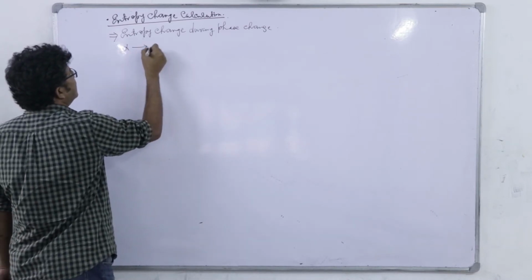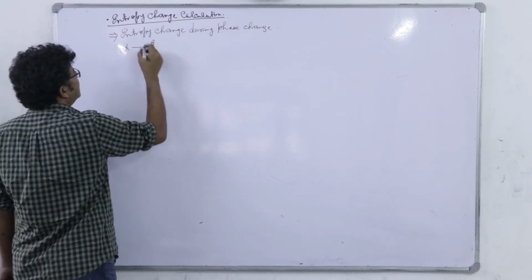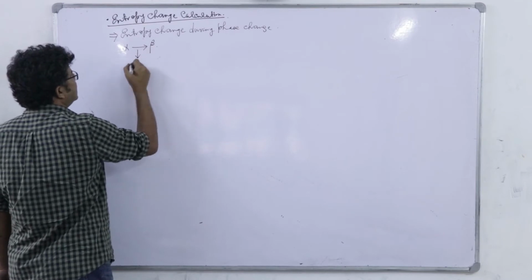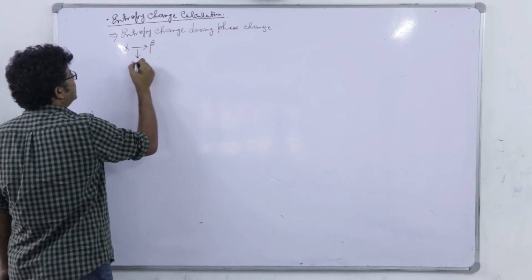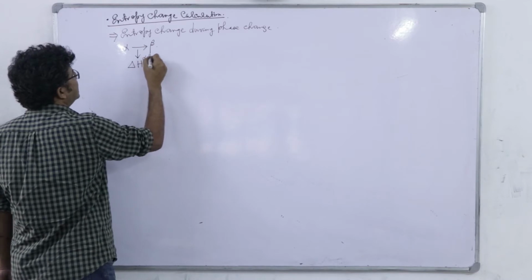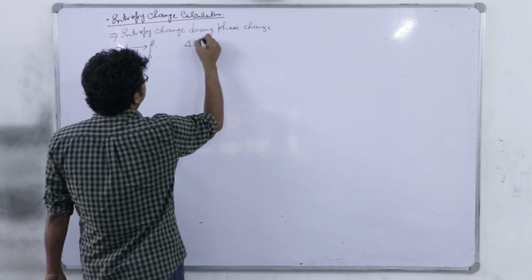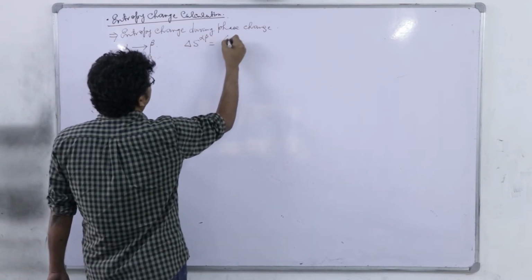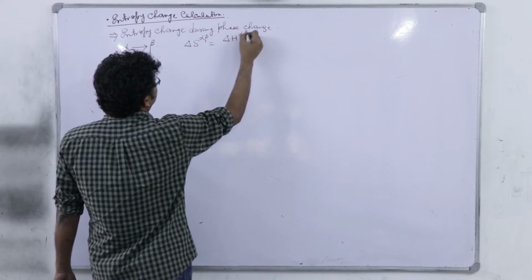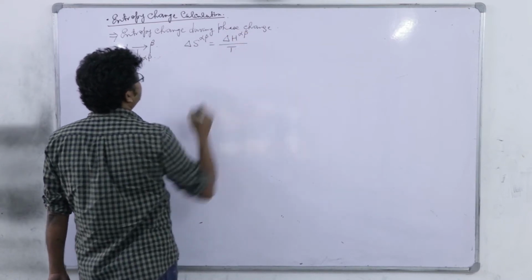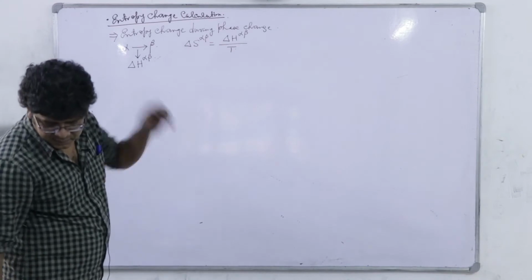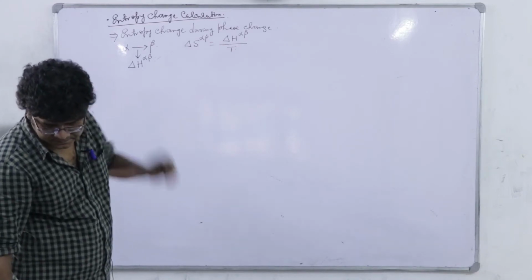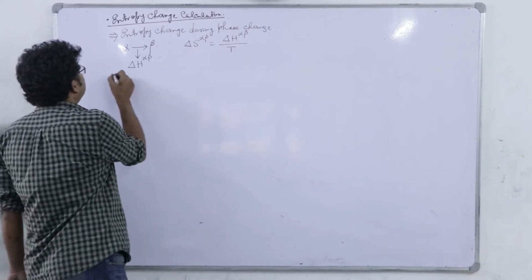Say phase alpha to beta there is a change, and associated latent heat is delta H alpha beta. So delta S alpha beta we can write simply as delta H alpha beta divided by T, which is the transition temperature.